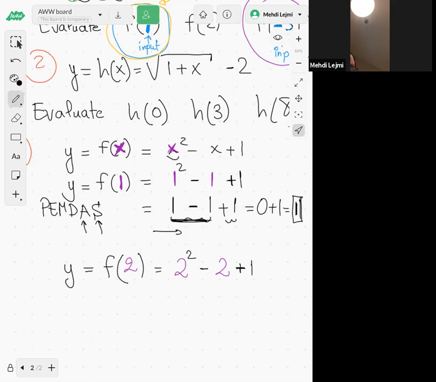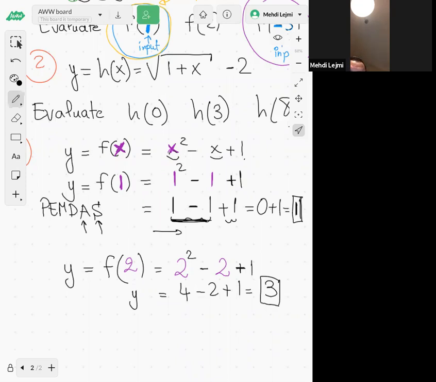Again, same thing: power first, so 4 minus 2 plus 1. The output y would be 4 minus 2 is 2, plus 1 will be 3. So the answer here is 3.